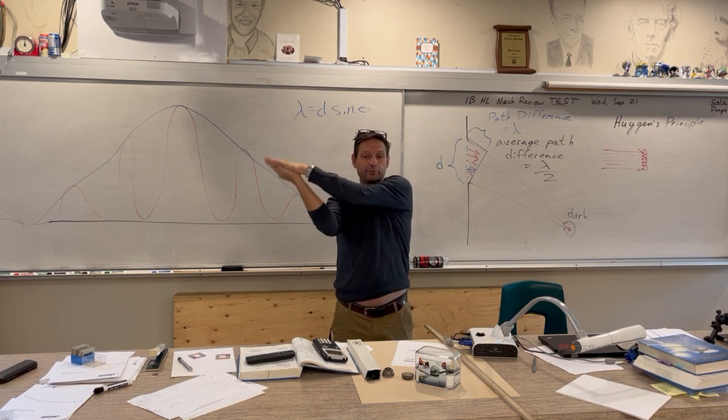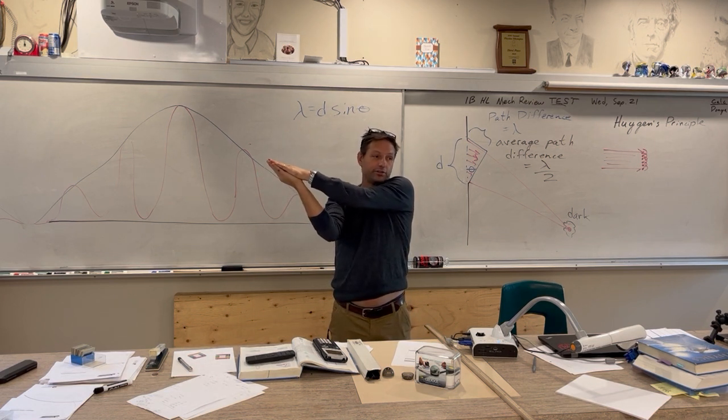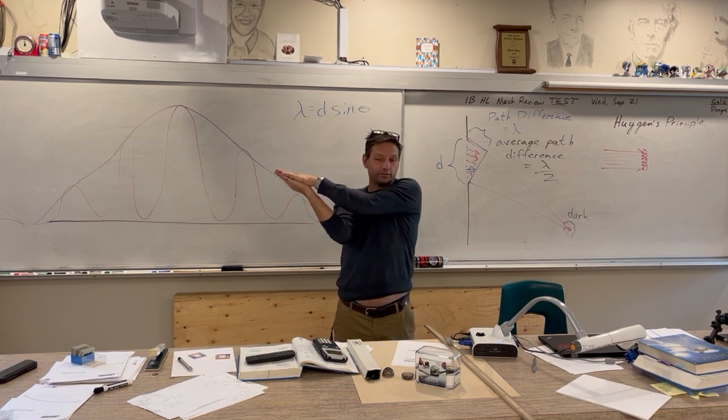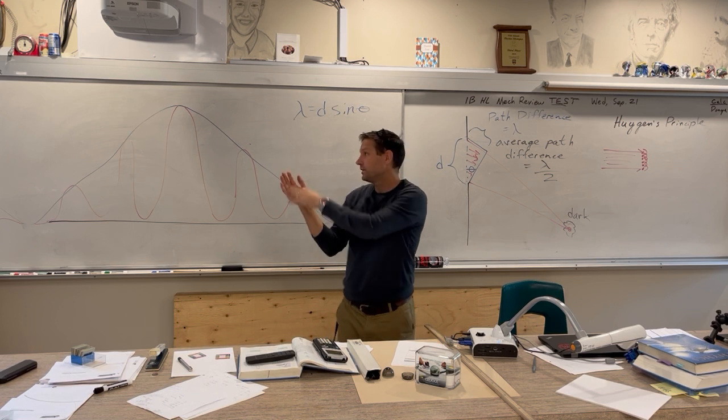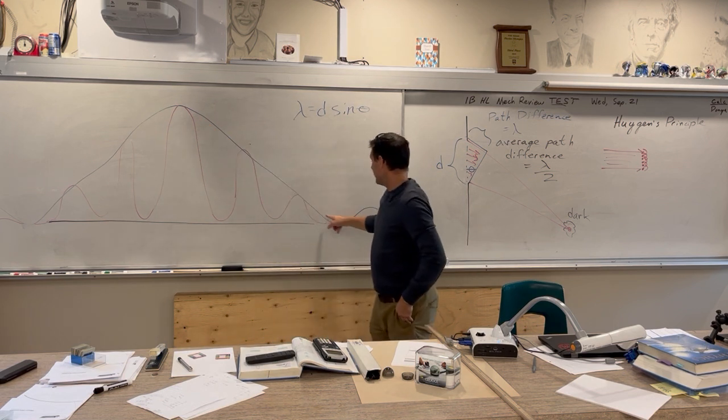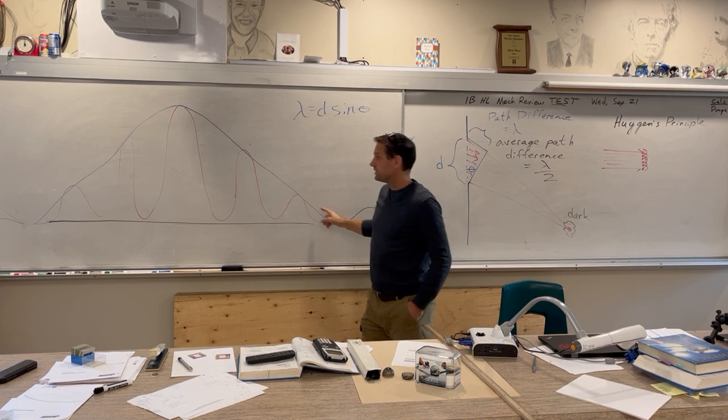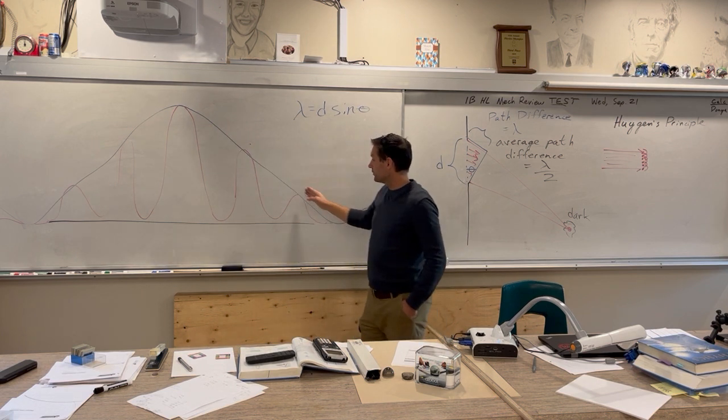And when it hits lambda, then you're going to have a dark spot. Now that's going to happen at a big theta for a single slit because the d is small, so the theta has to be big. But it is going to get to that minimum out here. And so each beam is getting darker and darker and darker.